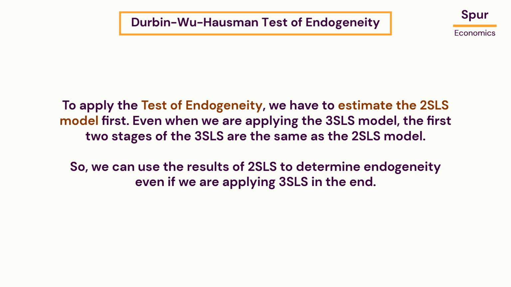To apply the test of endogeneity, we have to estimate the 2SLS model first. Even when we are applying the 3SLS model, the first two stages of the 3SLS are the same as the 2SLS model. So, we can use the results of 2SLS to determine endogeneity even if we are applying 3SLS in the end.